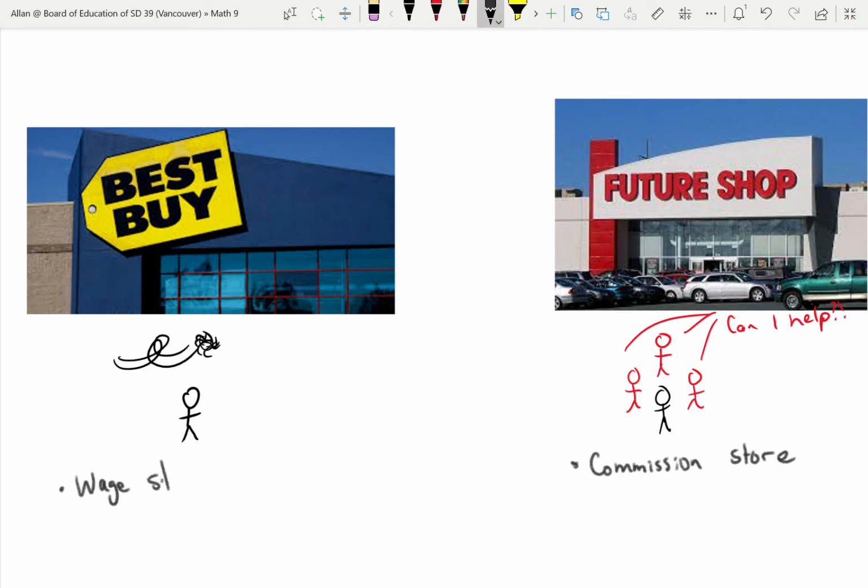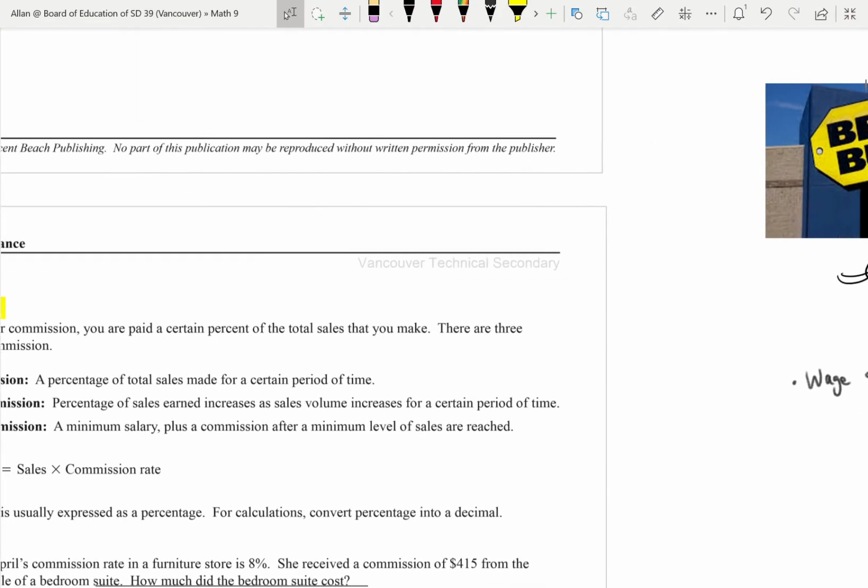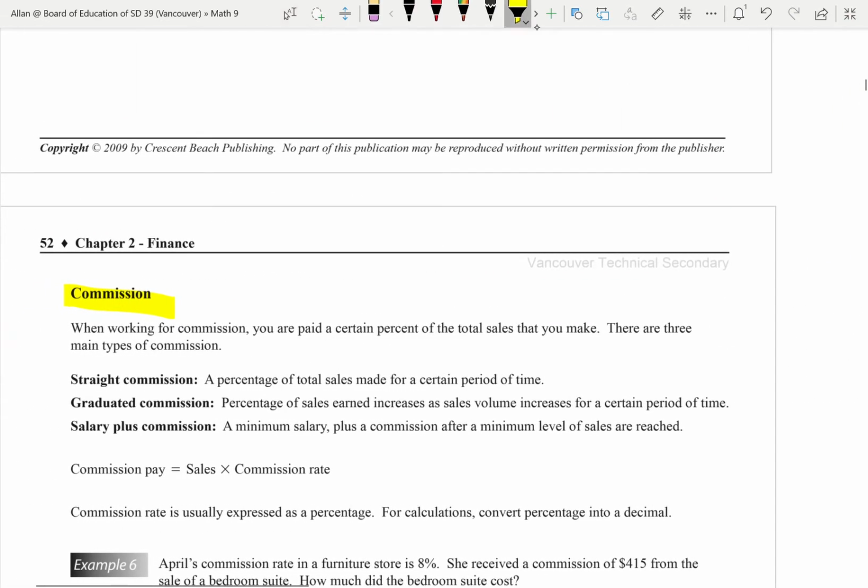So they paid their employees a wage. So how commission works is for every sale that you make, so anything that you sell, you're going to make a percentage of that sale.